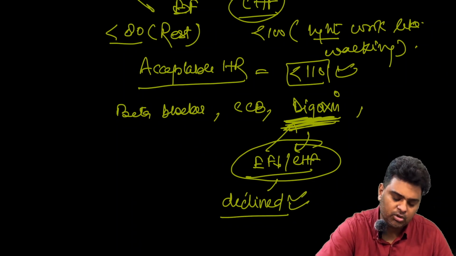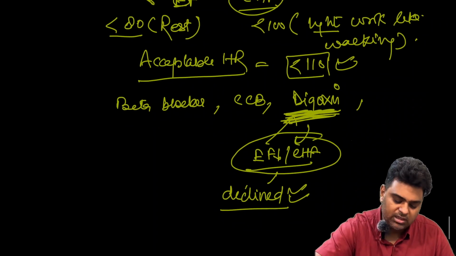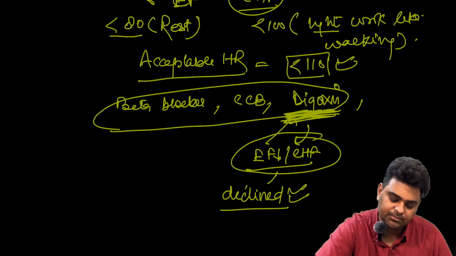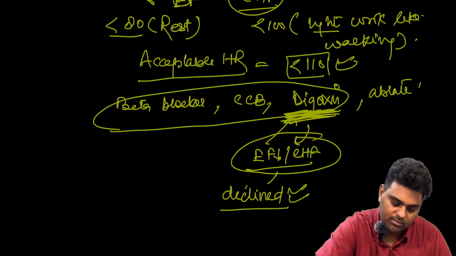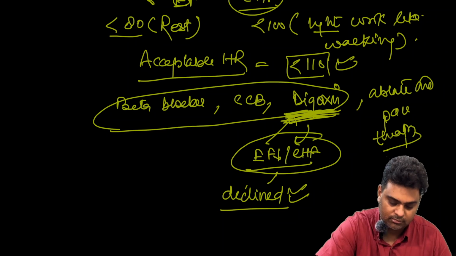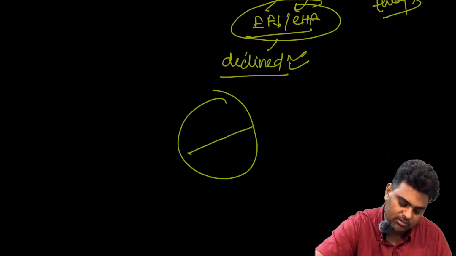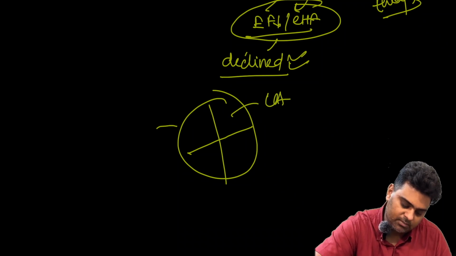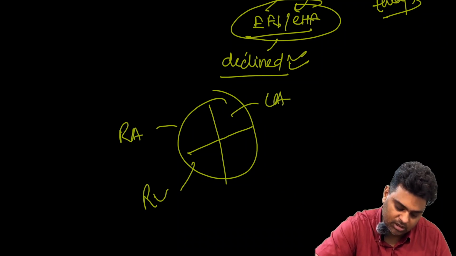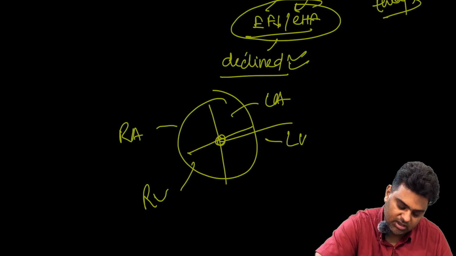And there is a fourth technique when all these things don't work, known as ablate and pace therapy. This is a very good technique. What happens in this? For example, if this is your heart, this is left atrium, right ventricle, left ventricle, and this is the AV node.